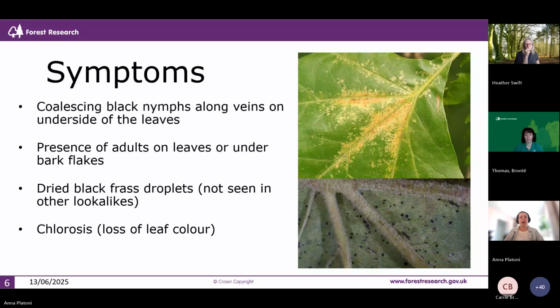And aside from all of this, if you find a lacebug on a plane leaf, that is sufficient really for positive diagnosis, because there are no other lacebugs in the UK that are found on plane trees.